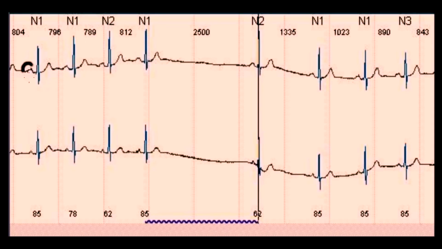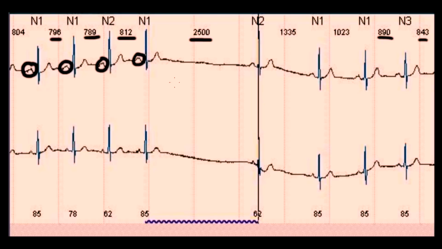You can see clearly here that we've got P waves, and then nothing, basically no activity whatsoever. The approximate time period is about 800 in terms of milliseconds, and here we've got about 2500. So that's about 3 beats that were missed, and then it resumes and comes back down to about 800.